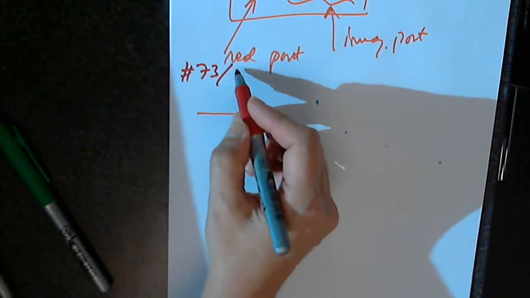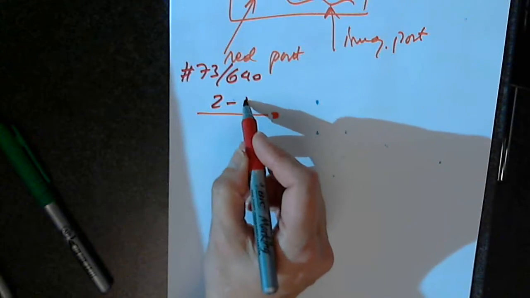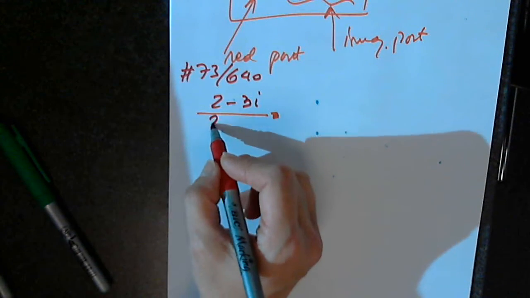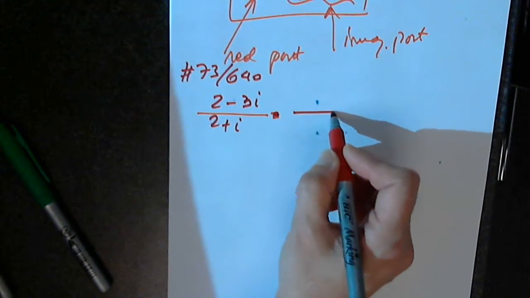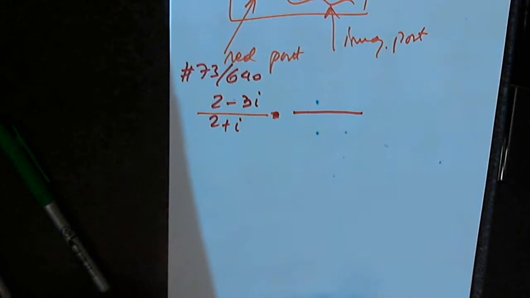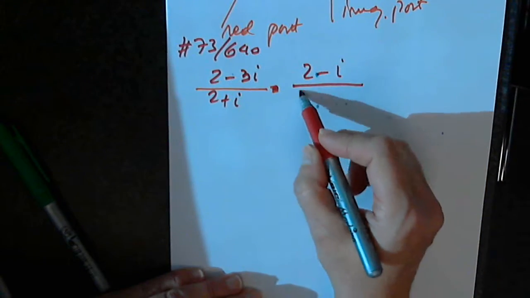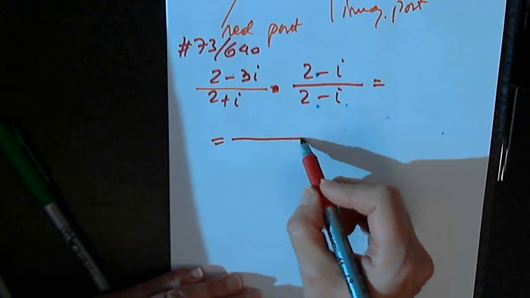Okay, so 73 on page 640, in which we have 2 minus 3i over 2 plus i. We need to multiply and divide by the conjugate of the denominator, which is 2 minus i over 2 minus i.